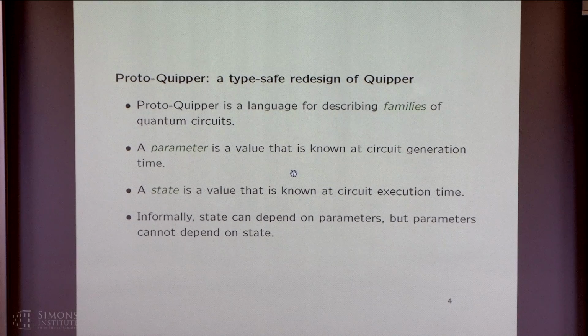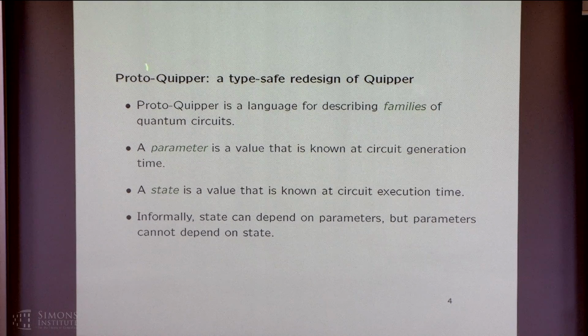Now, Quipper wasn't type safe. So what we're currently working on is a type-safe redesign of Quipper. Now 5 years have passed, we have a bit more time, the whole project doesn't have to be finished in 6 months. So we want to design from the bottom up a programming language that does exactly the same thing that Quipper does, but that has some kind of theory, some soundness theorems, and hopefully a denotational semantics.